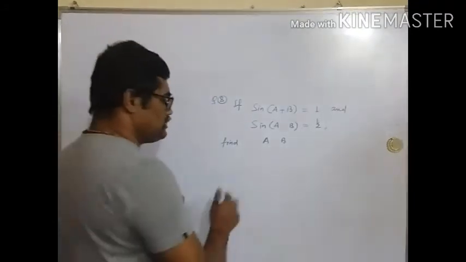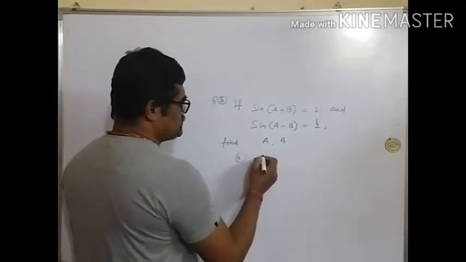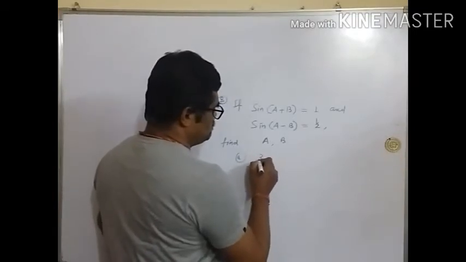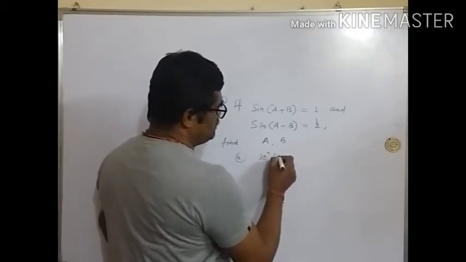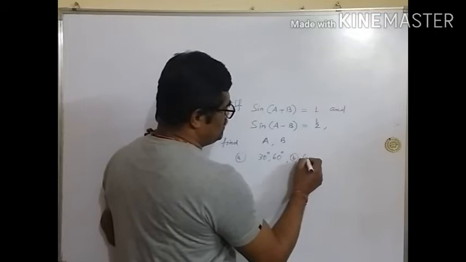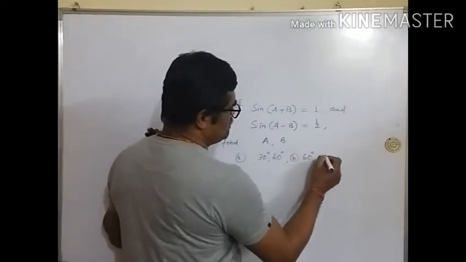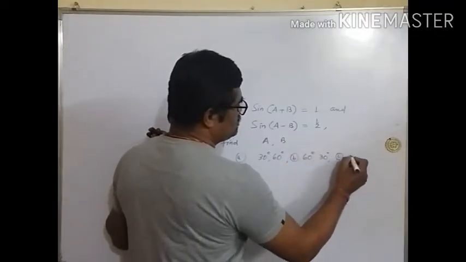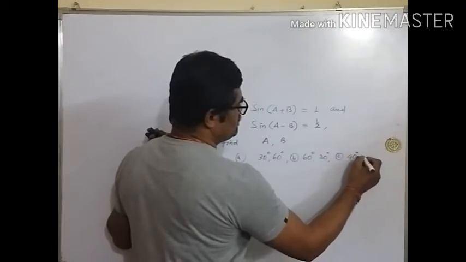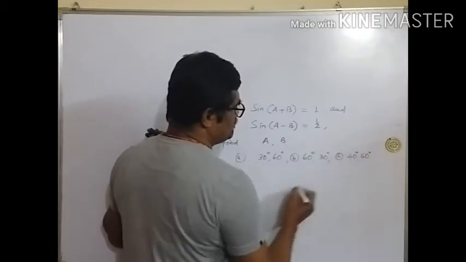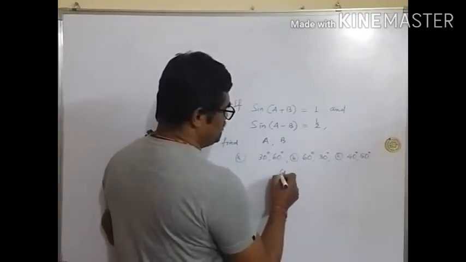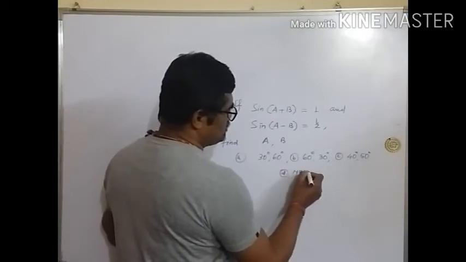Option A, 30 degree, 60 degree. Option B, 60 degree, 30 degree. Option C, 40 degree, 50 degree. And D, as usual, none of this.